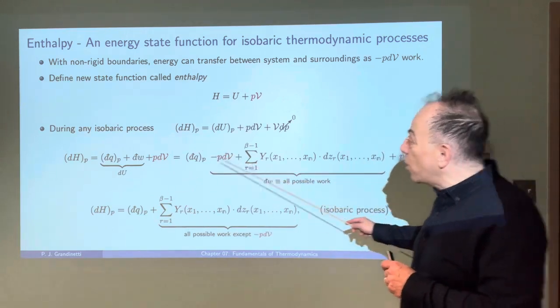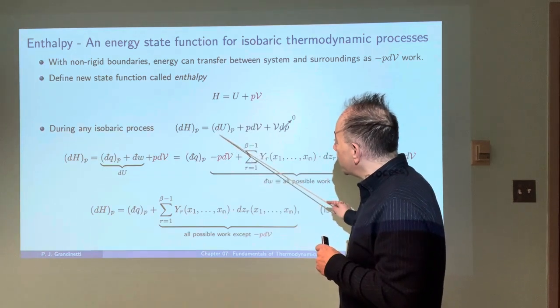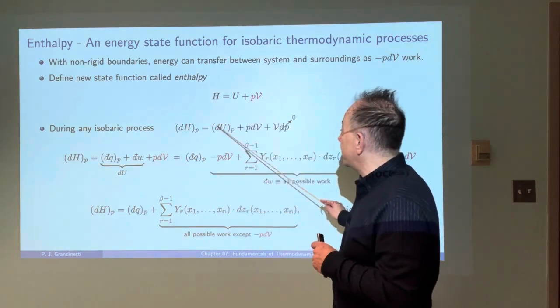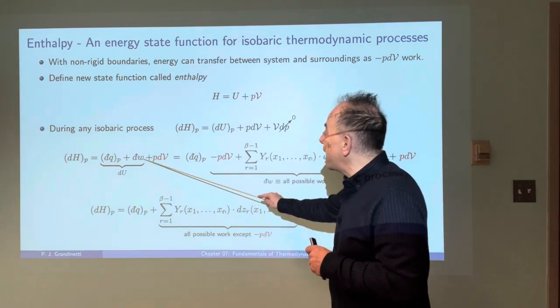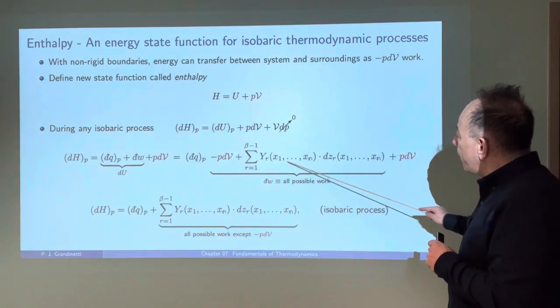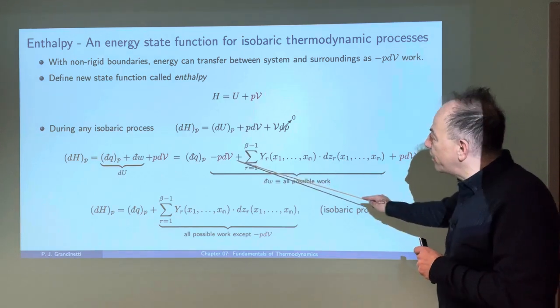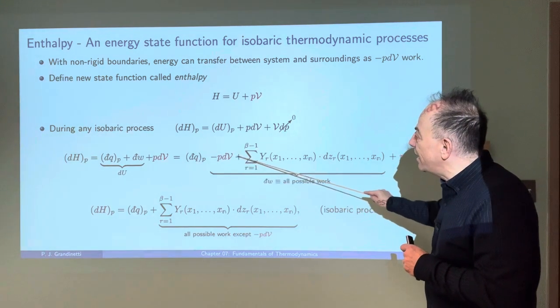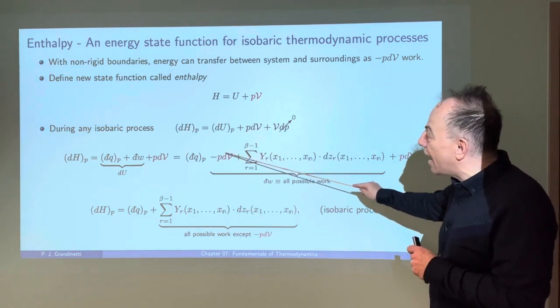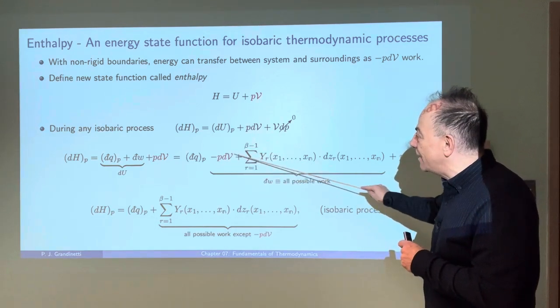All right. Now, if I go back to the first law, which tells me what dU is, just dQ plus dW, I can plug that in to this expression here. And then if I expand out all of the thermodynamic work, and I'm going to pull out of my sum the PdV work here, so this is going to be beta minus 1, where I've pulled out of the beta terms the PdV work.